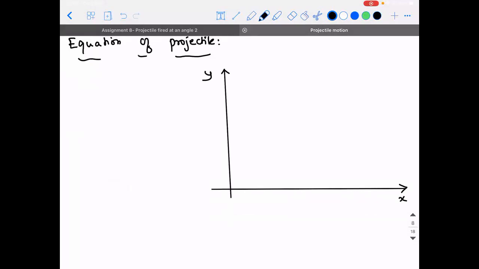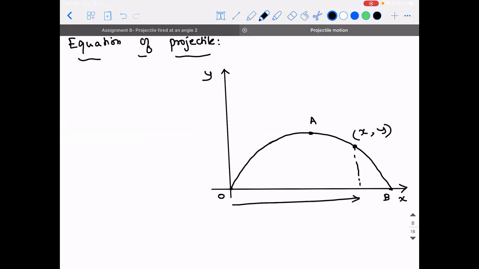So if the object is projected at an angle theta, then it is going to go in this kind of a path and hit the ground somewhere over here. If I take this as O and this as B, and let me take this point as A, right? So if you observe, I will take this coordinate as x comma y, such that when I drop the perpendicular, the displacement of the particle in x direction is x, and the displacement of the particle in y direction is y.